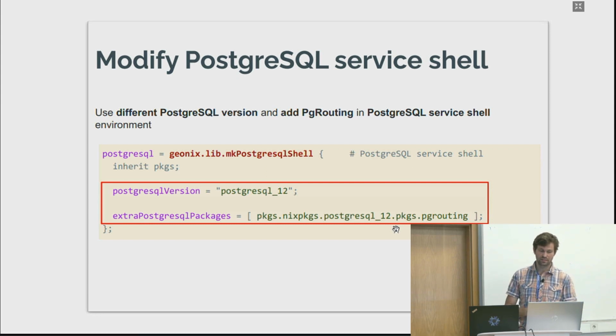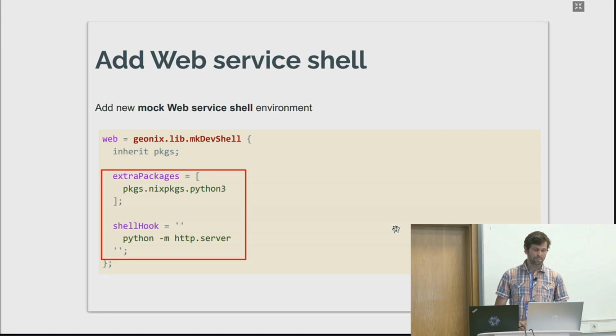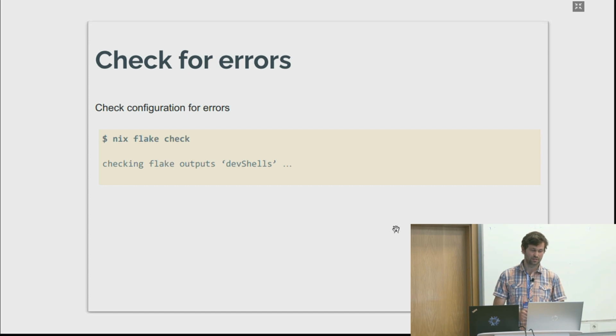I can extend PostgreSQL by just saying I want PostgreSQL 12 and pgRouting to be present. I can add another environment, for example a client environment, which allows me to easily connect to my PostgreSQL. And I just made one more mock web environment, just running a Python server.